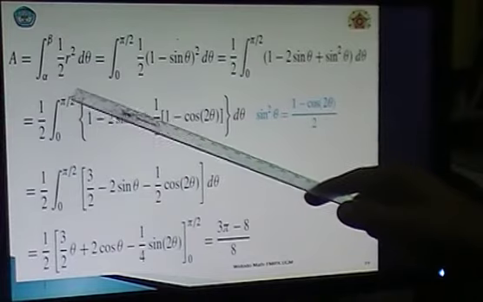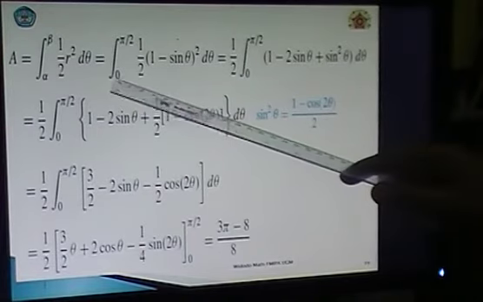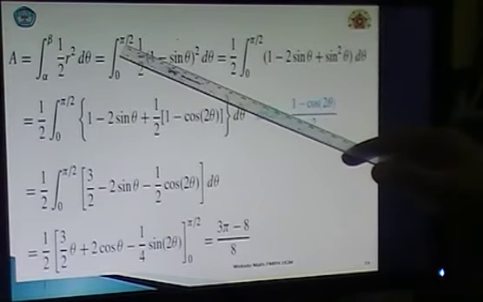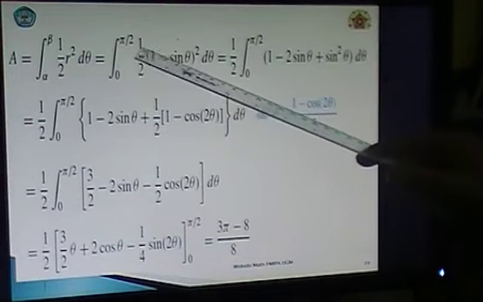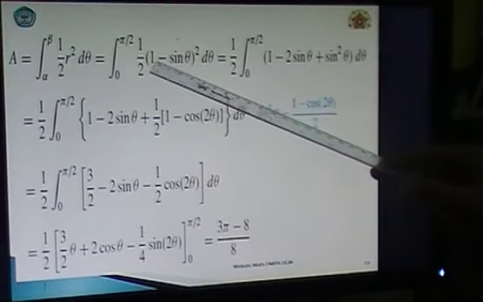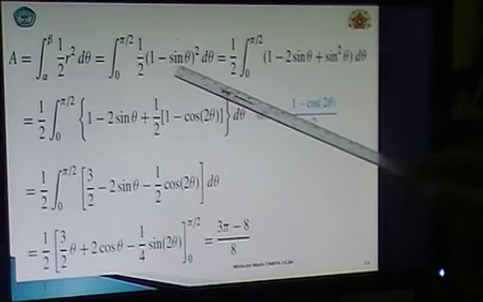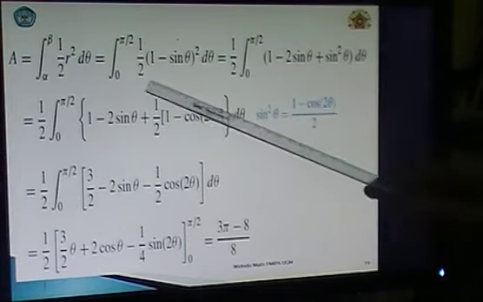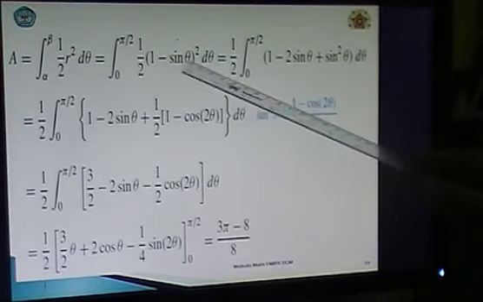So the area is the integral between 0 and pi divided by 2 of 1 over 2 times (1 minus sin theta) squared d theta. This is the formula, this is the f theta.